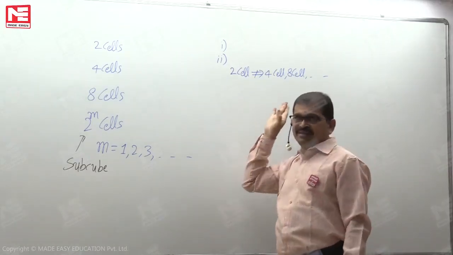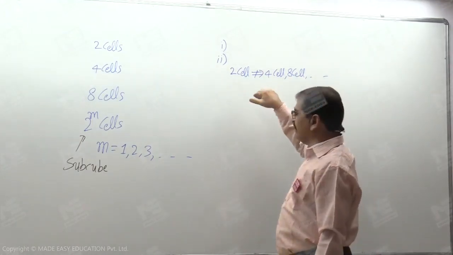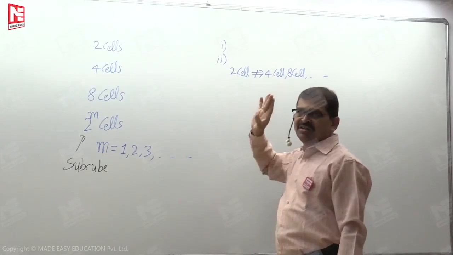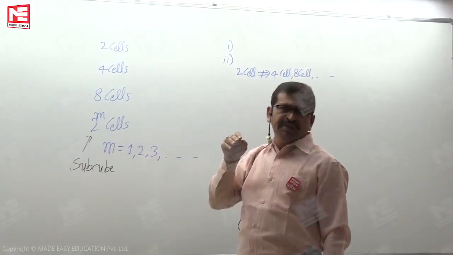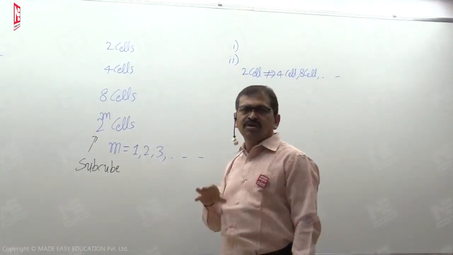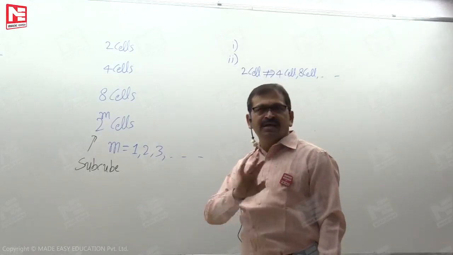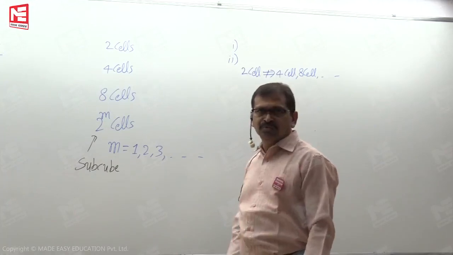Anyway, we'll discuss the word prime implicant in due course. But at this junction, just accept it as a condition. Whenever we are marking a two-cell subcube, we need to take care that it should not come as part of any larger size subcube. That condition we need to follow to mark the two-cell subcube.